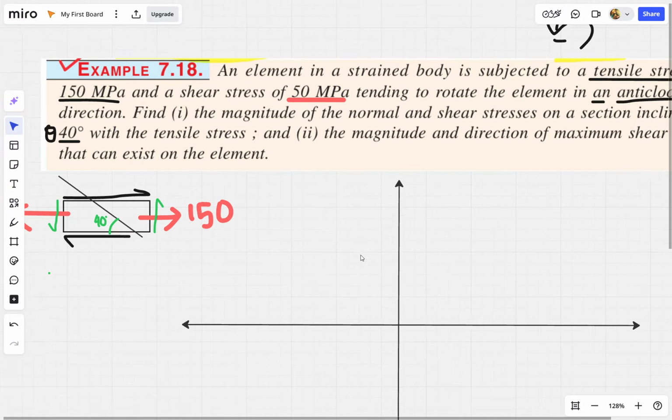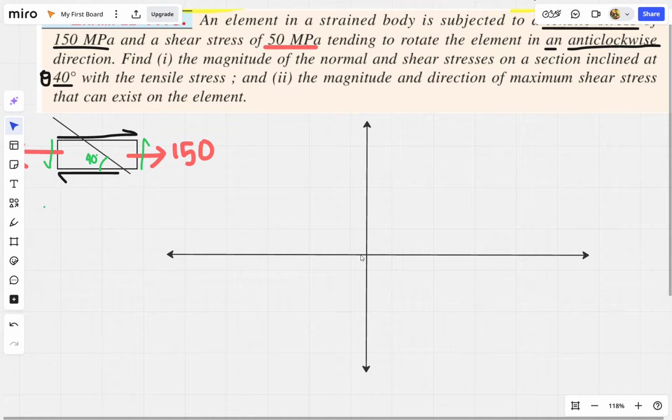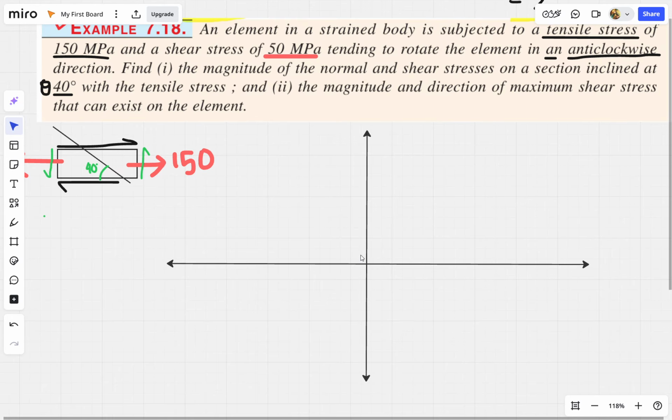Now we have to plot the circle on the graph paper. This is our x and y coordinate system. According to the coordinate system, this is our principal stress and this is our tensile stress, positive, negative, positive, negative.